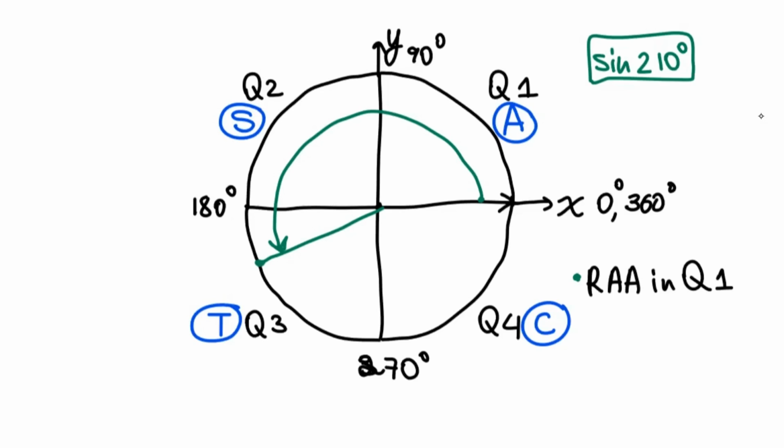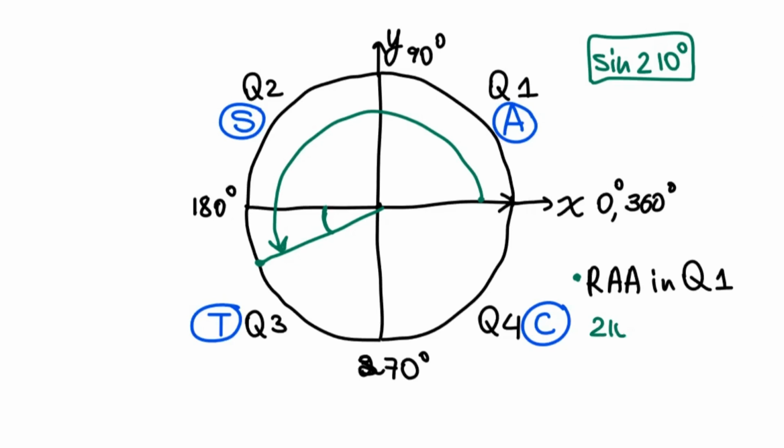For that, we need to take the closest horizontal angle on the horizontal axis and either add or subtract to it. So we have 180 and we have a principal angle of 210. What is the difference between 210 and 180? That will be our RAA, related acute angle.